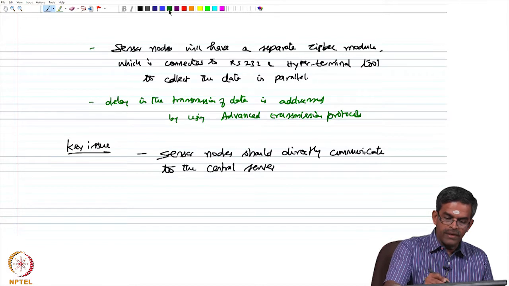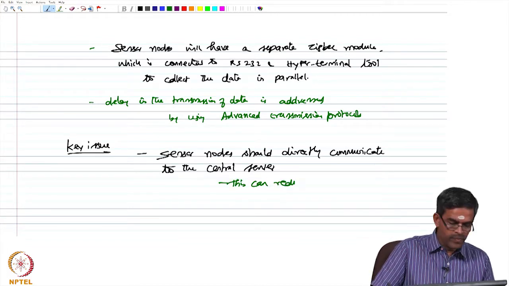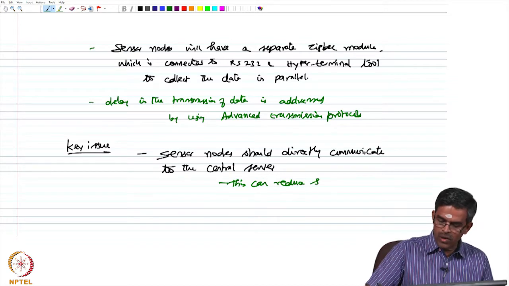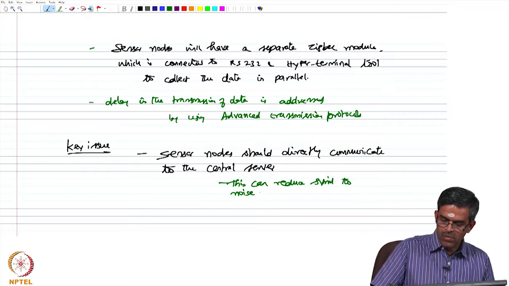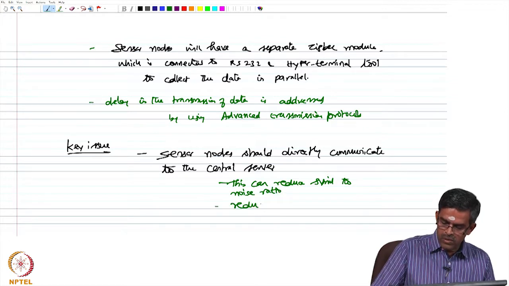Now, this can reduce signal to noise ratio and it can reduce delay in transmission.